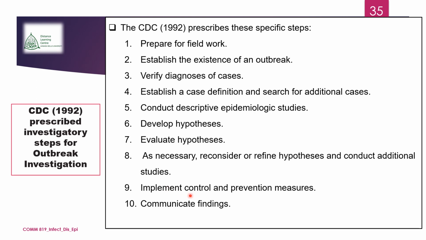Then you implement control and prevention measures in order to either minimize or eliminate the disease. Then you communicate your findings to the people that actually reported the case. You need to give them feedback. So these are the simple 10 steps involved in investigation studies.